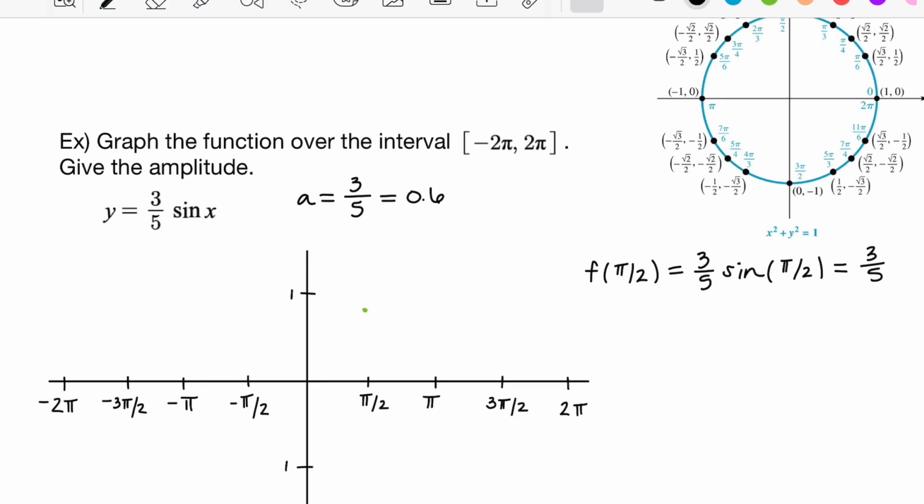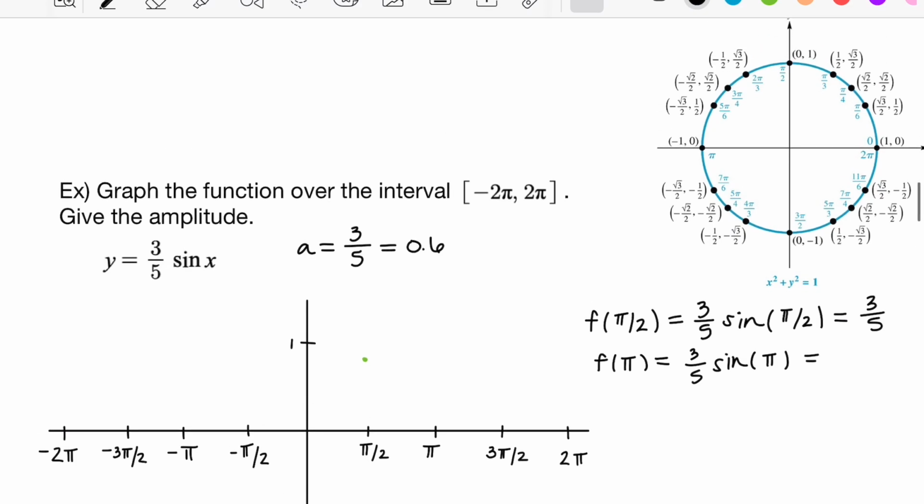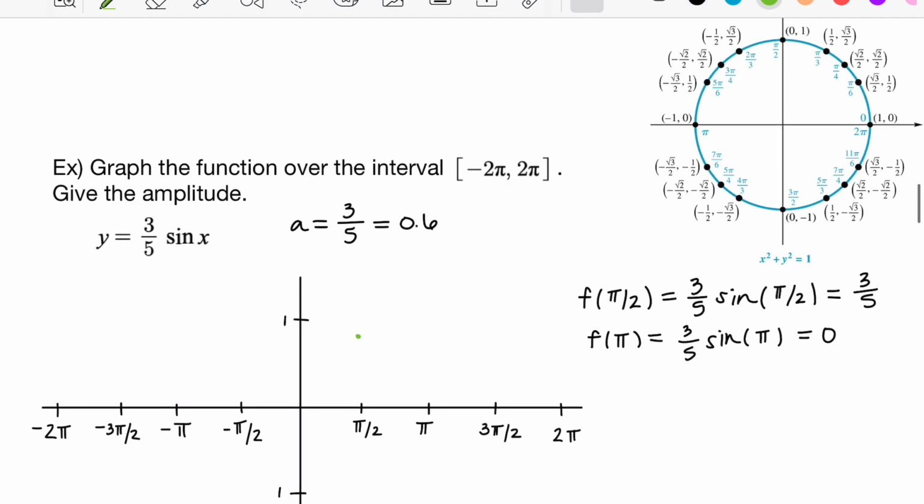All right. Now evaluating our function at pi, we'll do the same thing. Pi is here, and our y value is 0. So in this case, we'll get 0 here, so we have a point here.